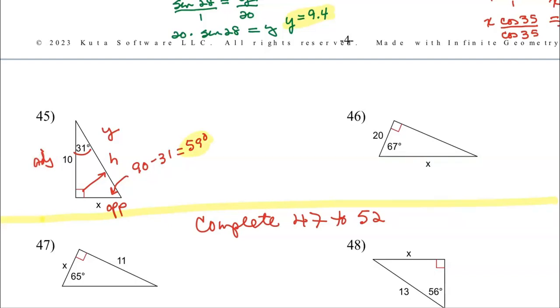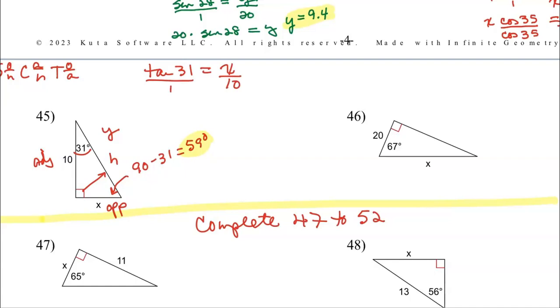Now, I want to use the 31 degrees. I have the adjacent. I'm going to write SOHCAHTOA right here. I can use adjacent for cosine and tan, because that's a value that I have already. So what if I say the tan of 31, that's going to be opposite over the adjacent that I have.